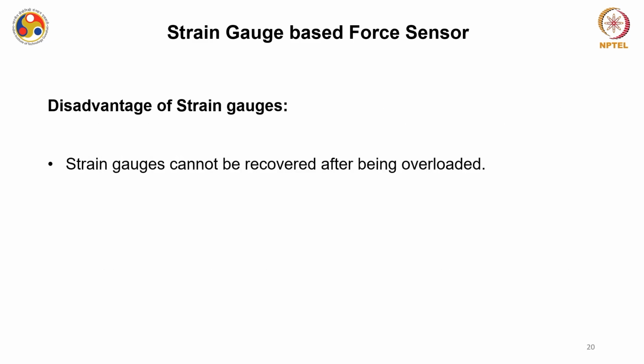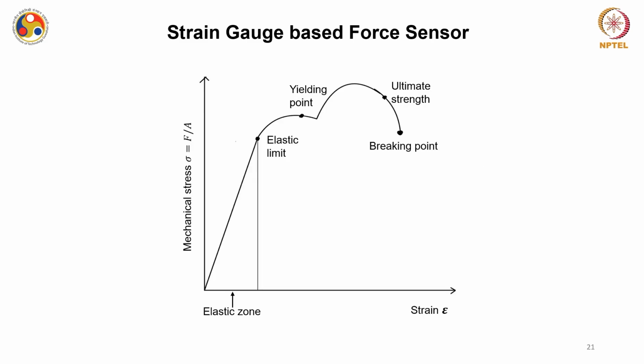Then there are various disadvantages of strain gauges which cannot be countered easily. Strain gauges cannot be recovered after being overloaded. Say this is the material's stress versus strain curve. If the force applied makes the deformation such that the material is still in the elastic zone, it is perfectly fine.